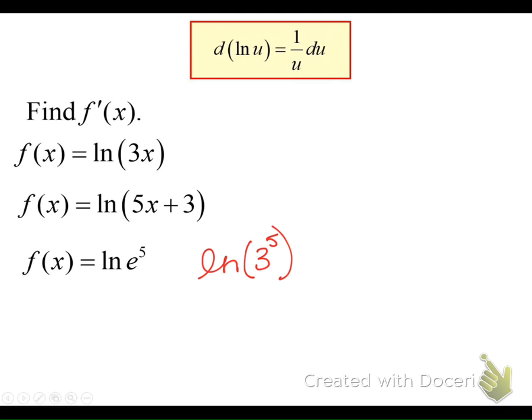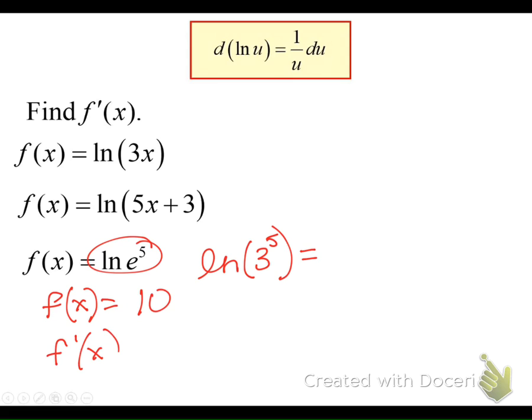Well, the natural log of 3 to the 5th, there's no variable there. That equals some number. In other words, this is the same as saying f of x equals any number. Pick a number, who cares? This is really the equivalent of a simple number. Therefore, the derivative would be, what's the derivative of a constant? 0.